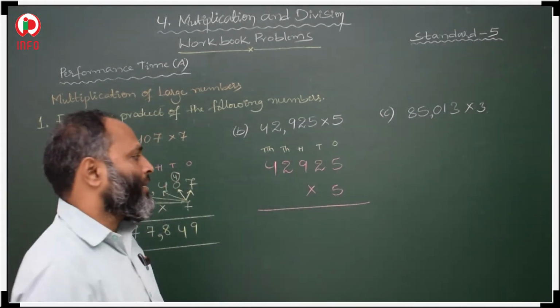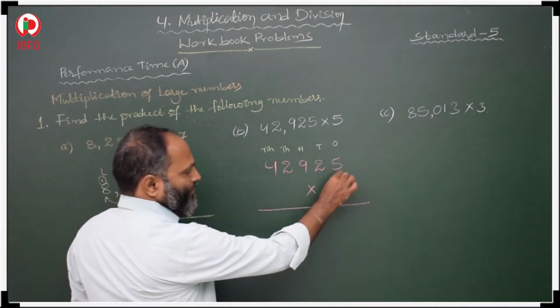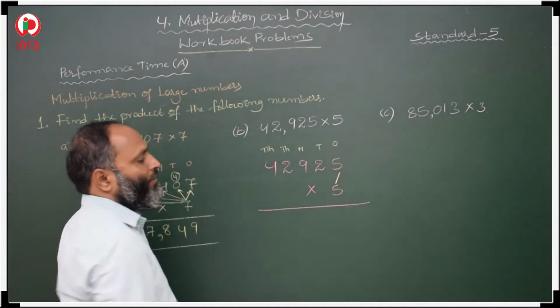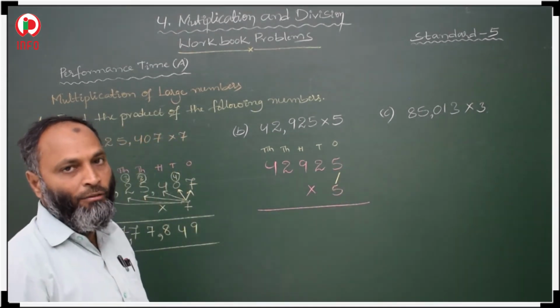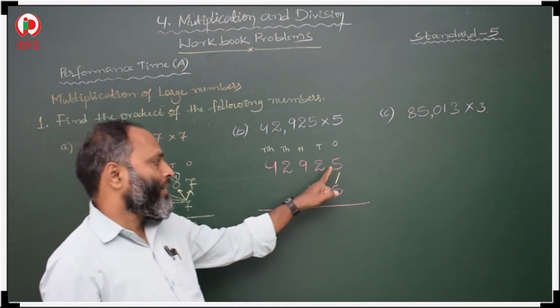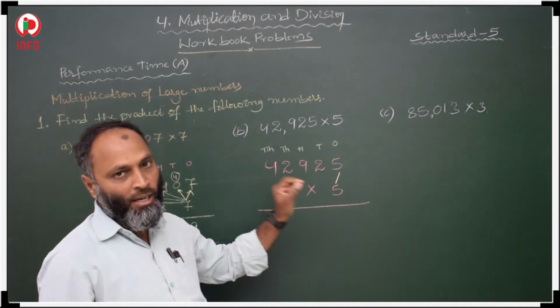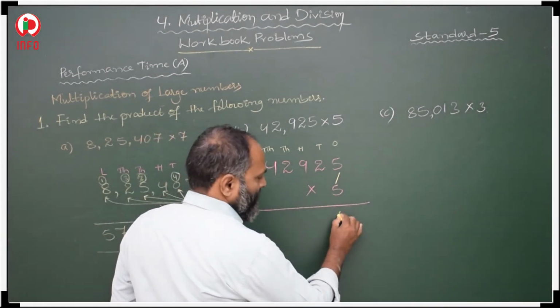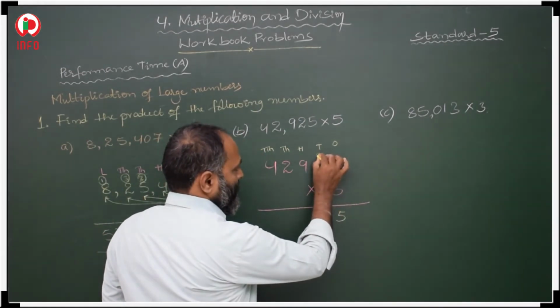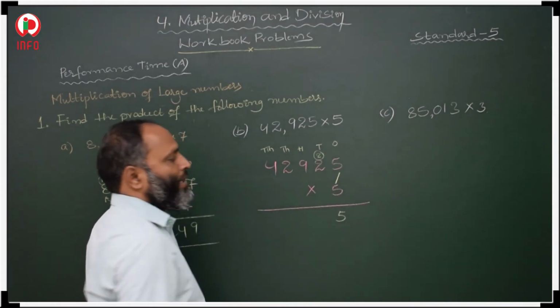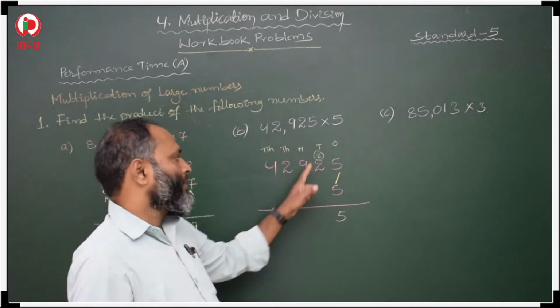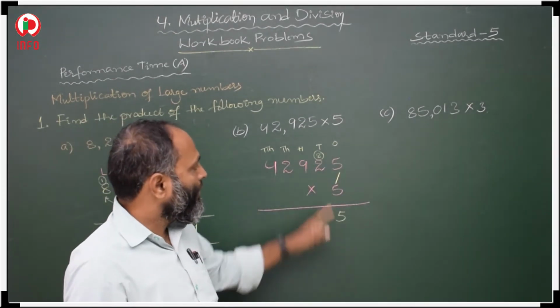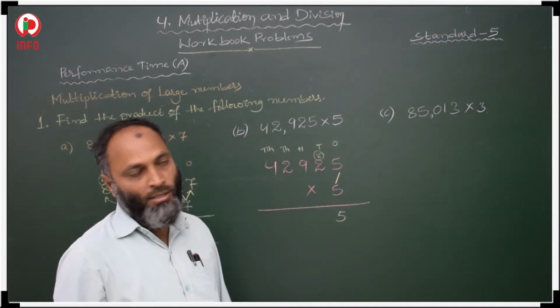Now we start multiplication from the ones place. 5 fives are 25. 25 means 5 ones, 2 tens. How many tens? 2 tens. So we have to carry over 2 to the tens place.